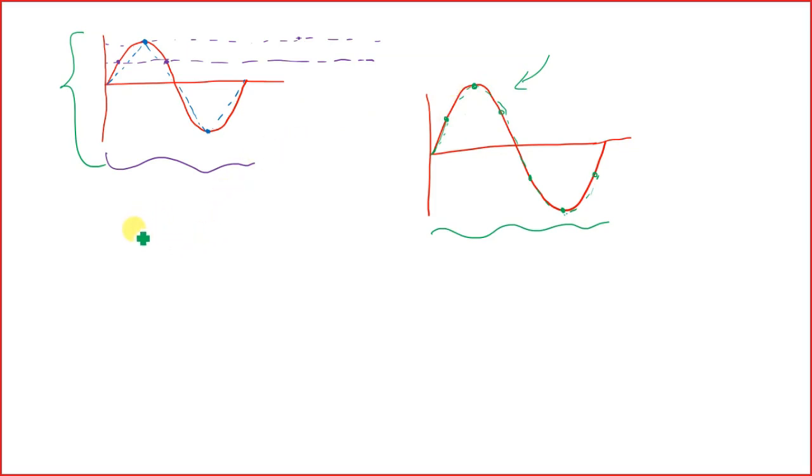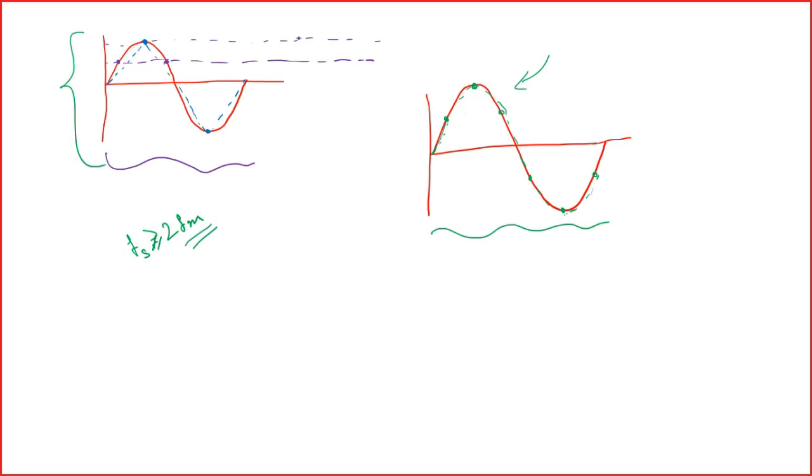If we follow the Nyquist rate, then we will be able to prevent aliasing. So what is that? Fs is greater than or equal to 2 Fm. So we have to first find out the maximum frequency component of the signal. How to ensure this?